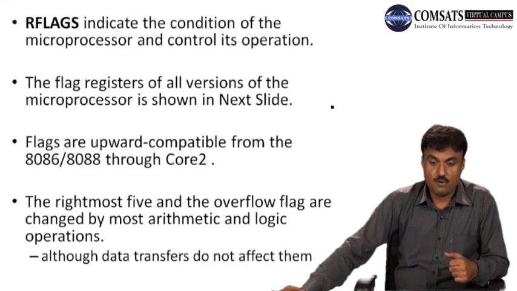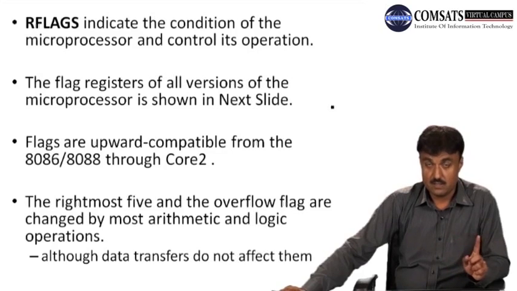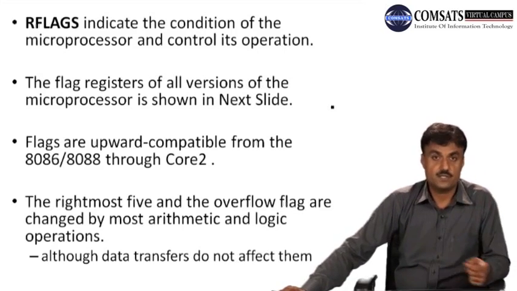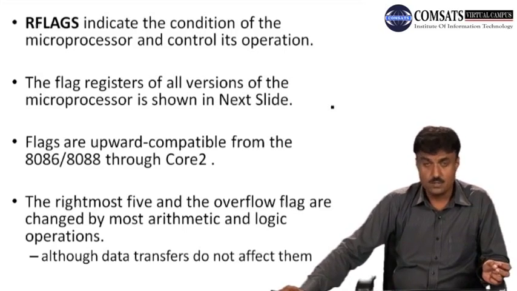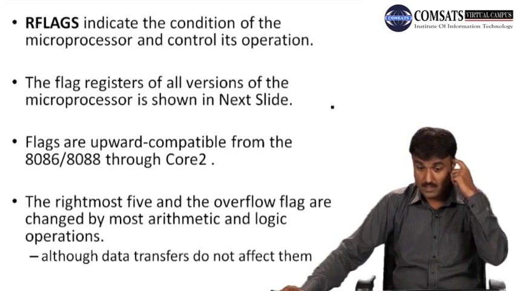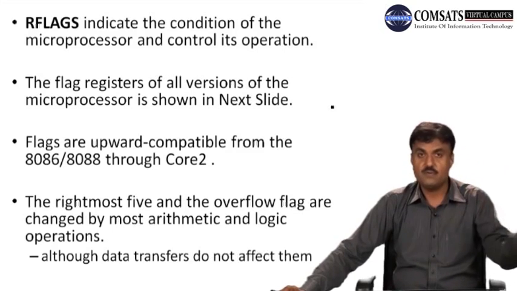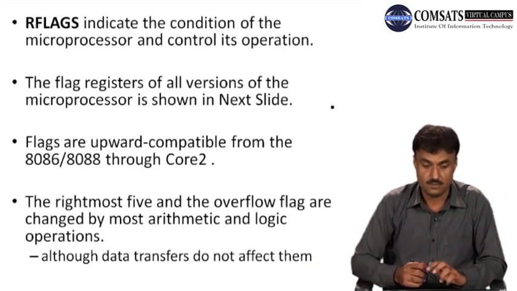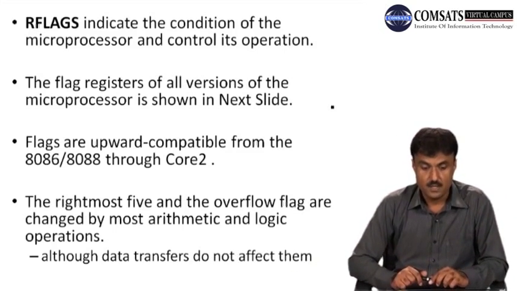The flag registers of all versions of the microprocessor are shown in the next slide. We will see the 8-bit, 16-bit, 32-bit, and other architectures. These flags are upward compatible from the 8086 or 8088 through the newer architectures. There are some extra flags in the newer architectures, but the previous flags are used as they are, with the same status as in the 8086 architecture.